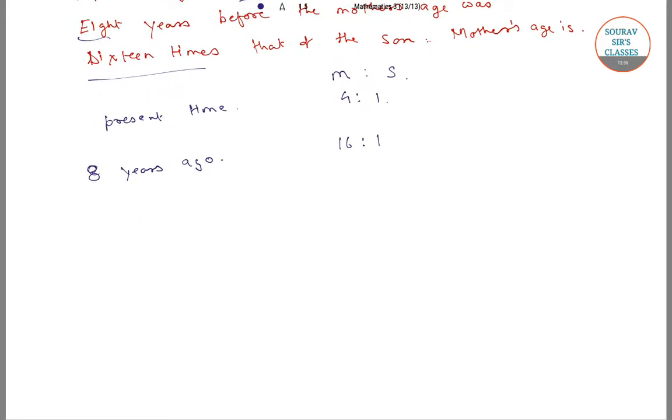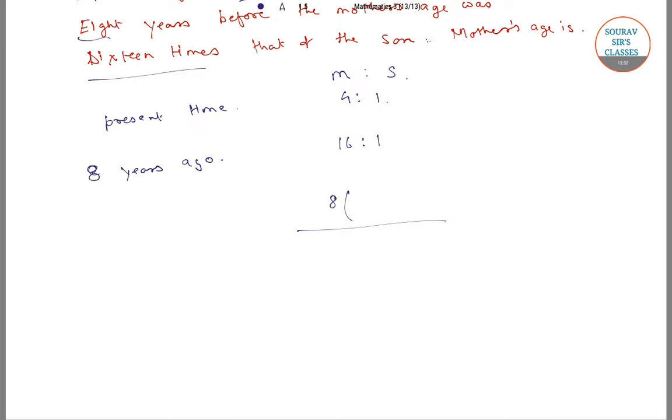So by using the formula we would have, now since it is present age, in numerator there won't be a factor for present age, but only the factor for 8 years ago. So it would be 8.